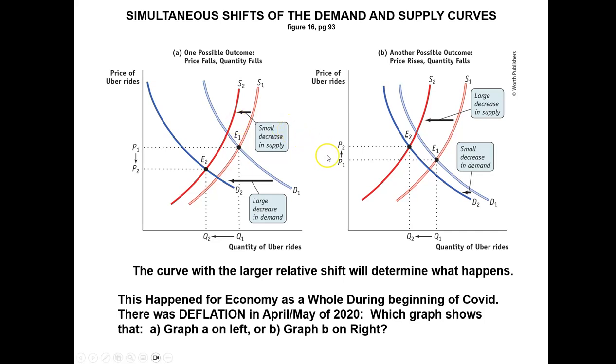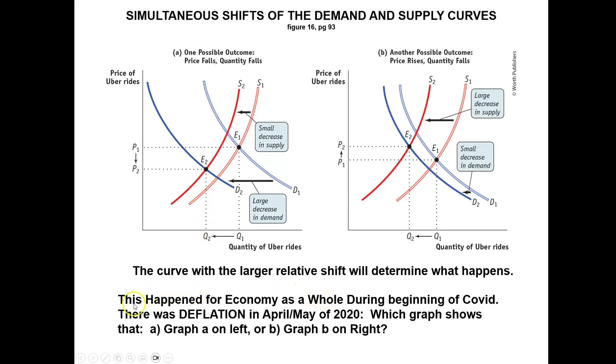Now, whether that's going to result in prices going up for Uber rides or down depends on which is more significant. Are the drivers going to decrease their willingness to provide rides more than the decrease in demand from consumers? If that's the case, then the price of Uber rides is going to go up. However, if the consumer is the one that goes away more, they're more scared than the drivers go away, well, that's going to cause the price of Uber rides to go down.